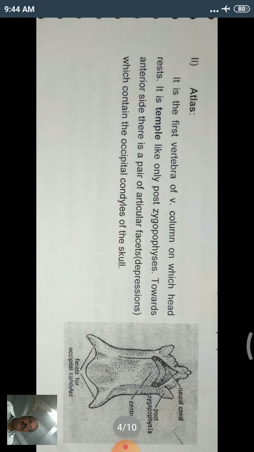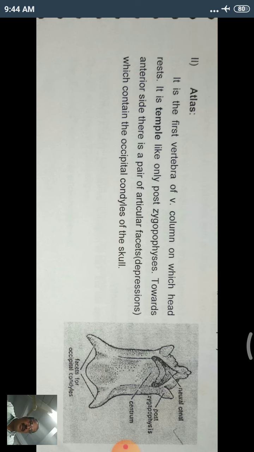Atlas is the first vertebra of the vertebral column on which the head rests. It is temple-like, with only post-zygapophysis. Towards the anterior side there is a pair of articular facets, depressions, which receive the occipital condyles of the skull.